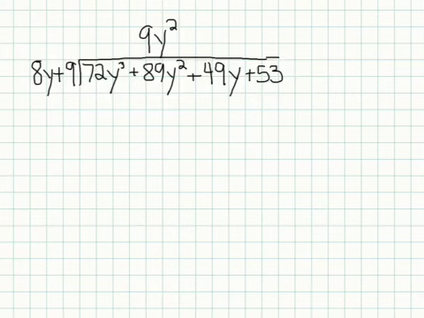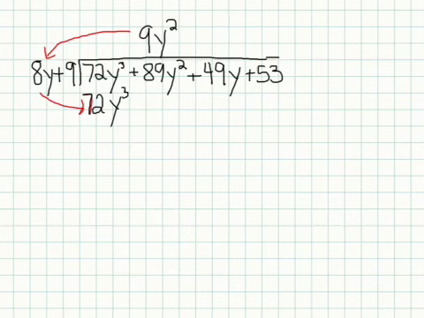And then just like with long division of numbers, you're now going to take that 9y squared and multiply it onto this divisor, and put the answer underneath here. So 9y squared times 8y is 72y cubed, just like we needed.